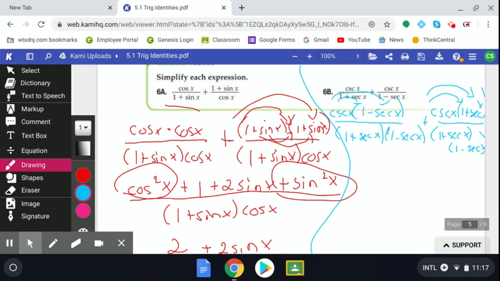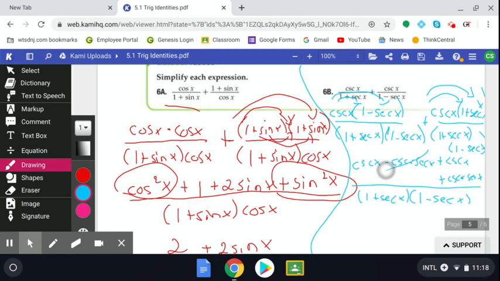So I get cosecant x minus cosecant x secant x plus cosecant x plus cosecant x secant x over 1 plus secant x, 1 minus secant x.